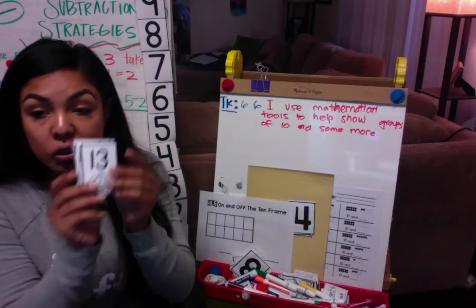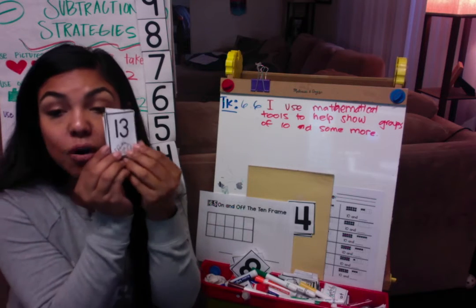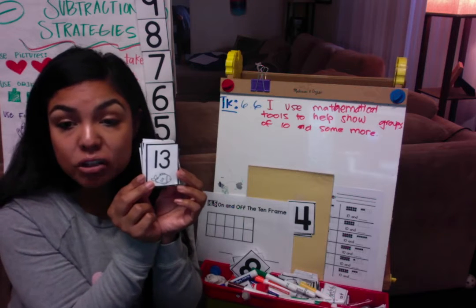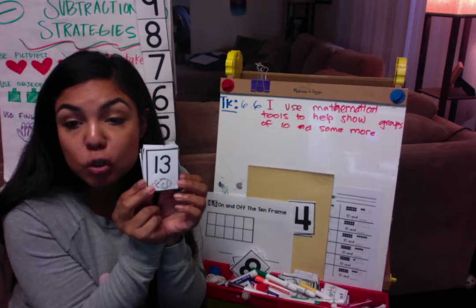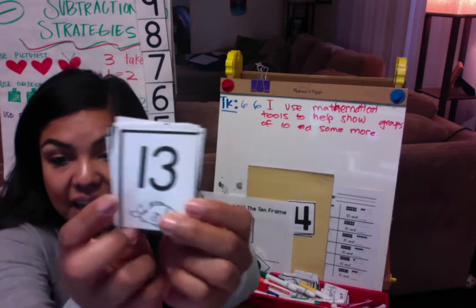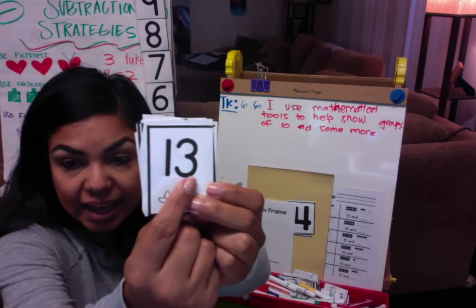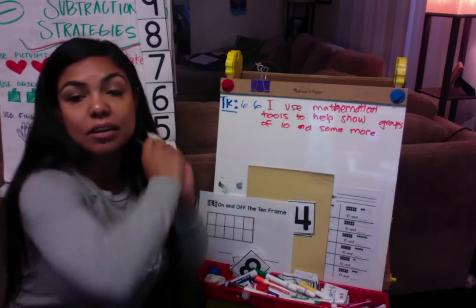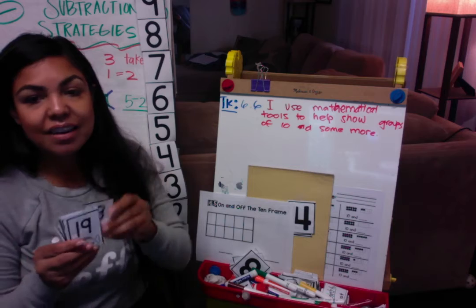I want you to use these cards and I want you to read the numbers to your partner. Remember, these are 2 ways that we can read these numbers to our partners. 10, because I have a 1, 10 and 3.